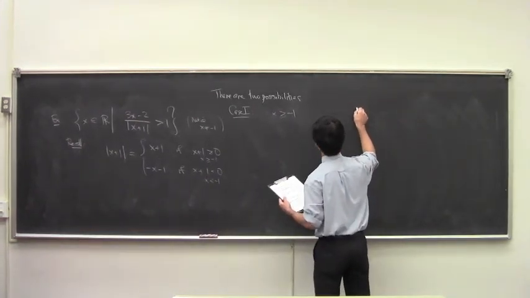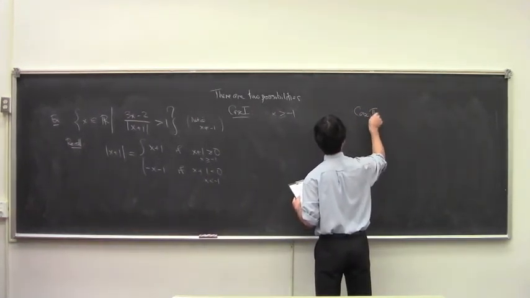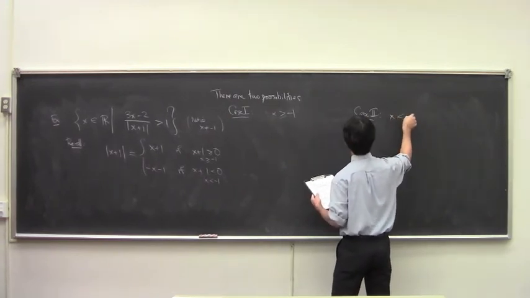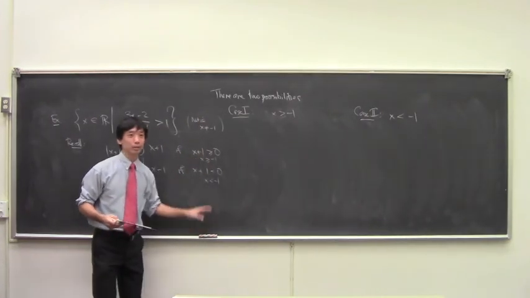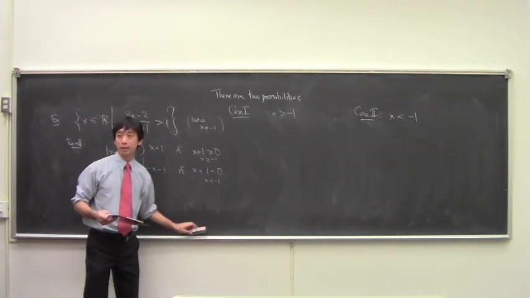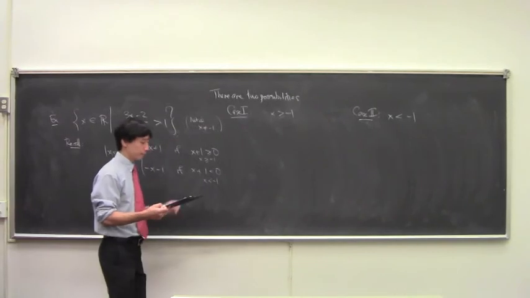So there are actually three possibilities, but there are two main ones. X is either bigger than negative 1 or it's less than negative 1. And then there's this third option, which we dispose of from the beginning.